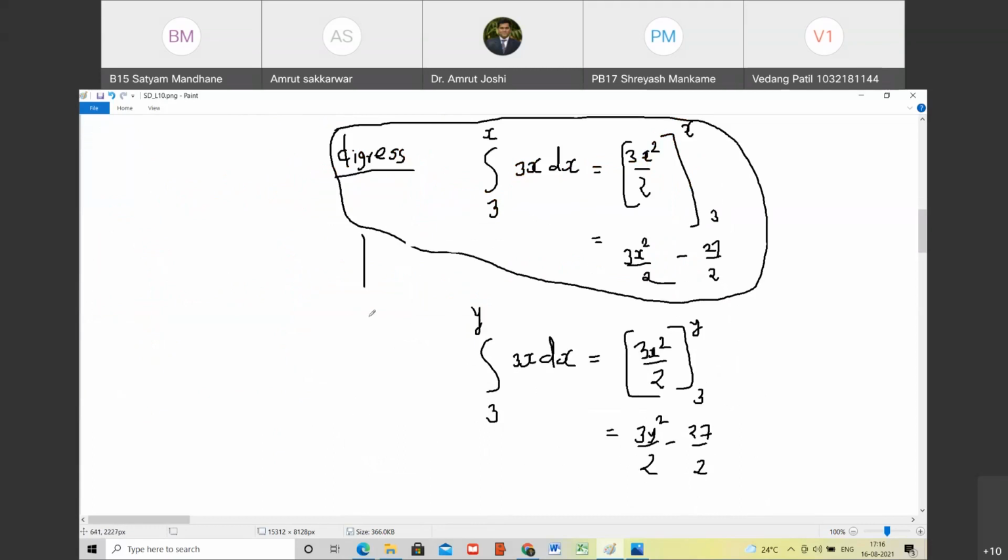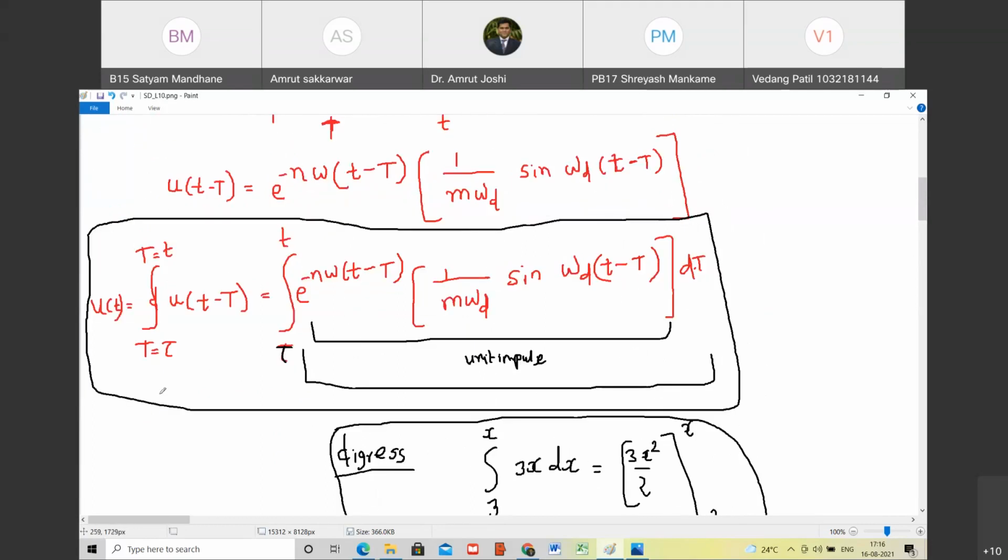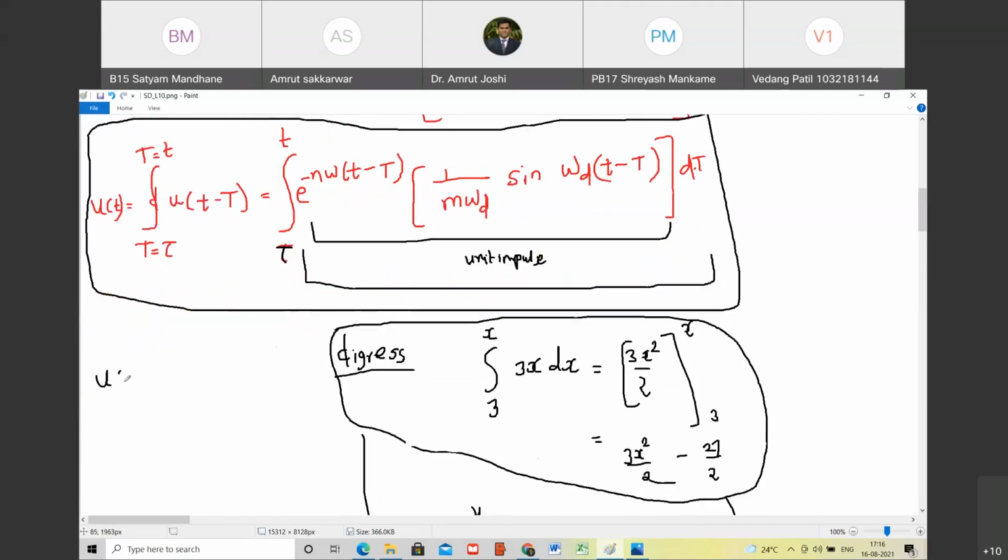अगर मैंने ऐसे ही स्टेटमेंट बोल दिया होता तो थोड़ा सा हेवी हो सकता था, इसलिए मैंने डेमोन्स्ट्रेट किया. Are you with me? So we understand now that u of t is a function of t. Do you agree with me? Yes, sir. हाँ. अब जरा यहाँ पे देखो ये इंटीग्रेशन कैसे आया. What kind of integration this is.